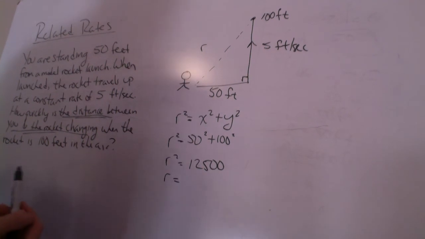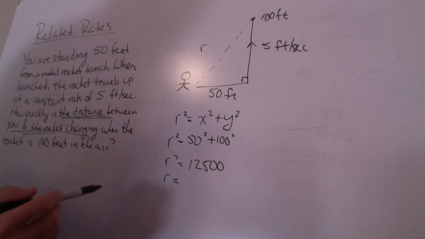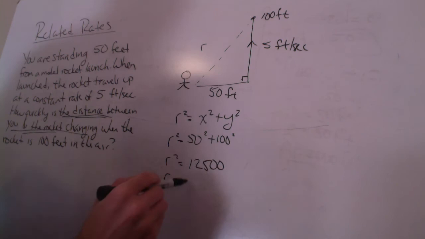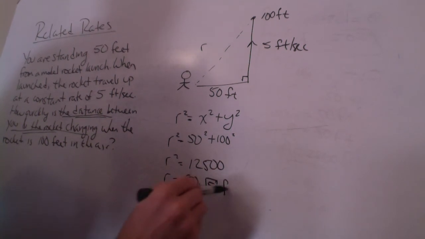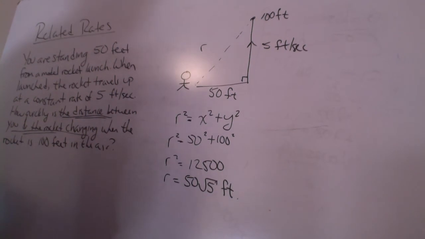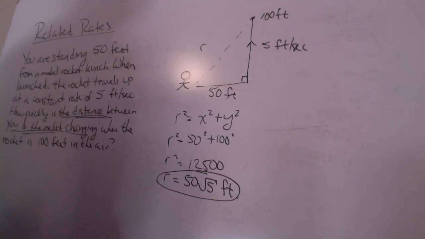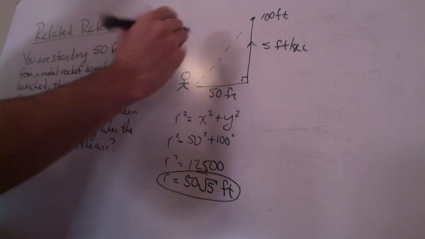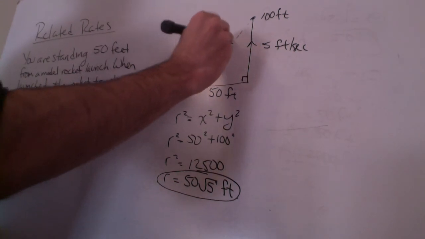And taking the square root of this, and pulling out a nice common factor, I will get that R has to be 50 times the square root of 5 feet. Great. Now I'll just leave that there, so that it's a nice exact answer with no rounding. So now I know that my R is 50 root 5 feet.